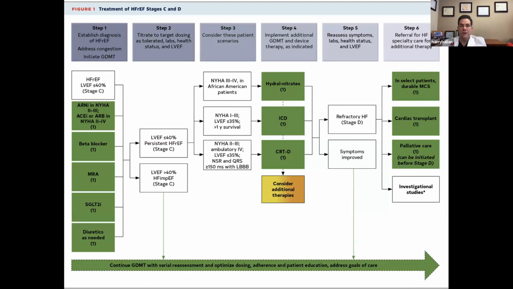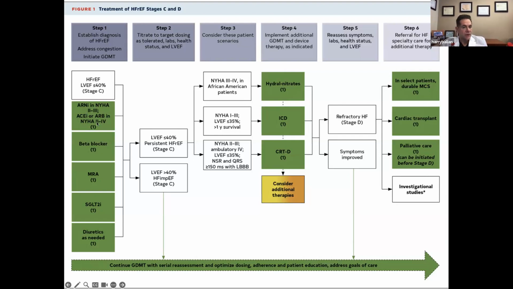If their EF is still low, then consideration of adjunctive therapy such as an ICD should be a must, because low ejection fraction basically leads to poor prognosis, namely heart failure and sudden death. So looking at the HFrEF patients, EF less than 40%, ARNI is indicated in NYHA class 2/3.